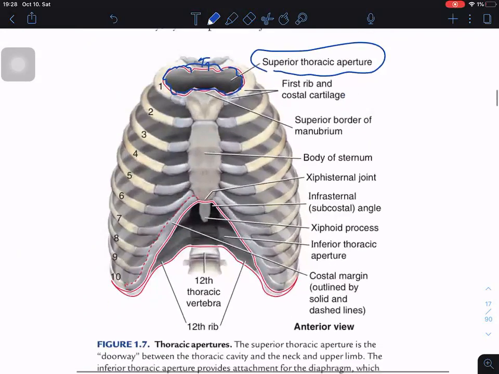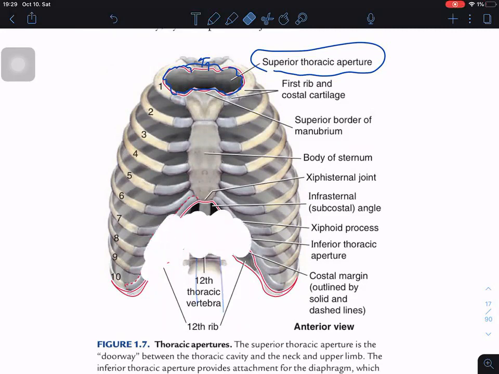Then from the other side, inferiorly, you have the inferior thoracic aperture, all right, which in our body is closed off by the diaphragm.